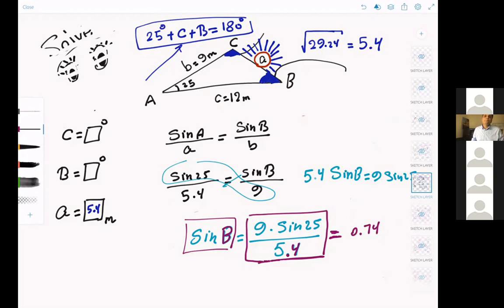So sine of B equals 0.74. What is B? Same as Marakel said, we use inverse. So sine of B equals 0.74, then B equals sine inverse of 0.74. Now, what is B?